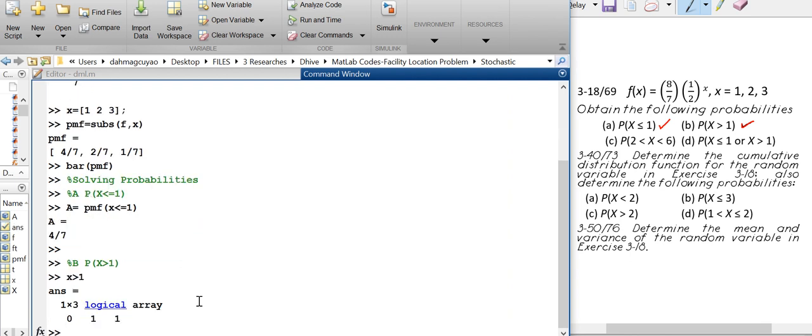That would be the second and the third, so 2 and 3.